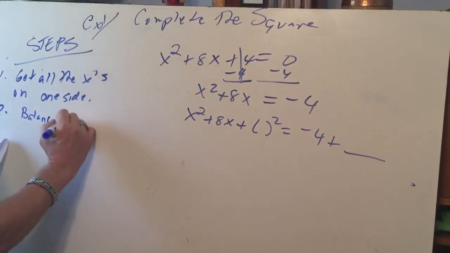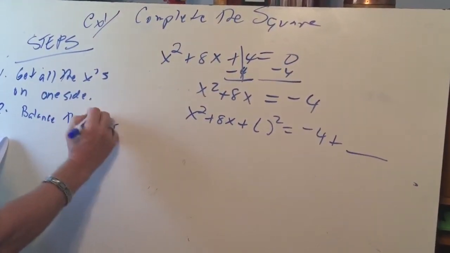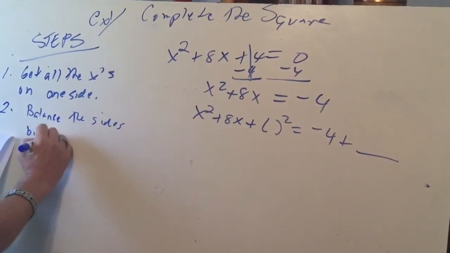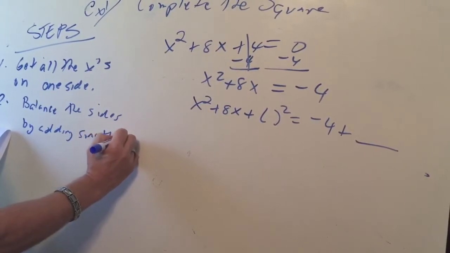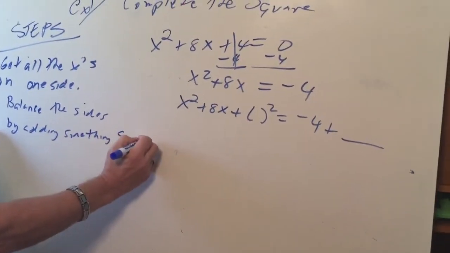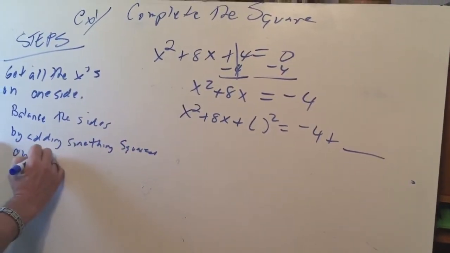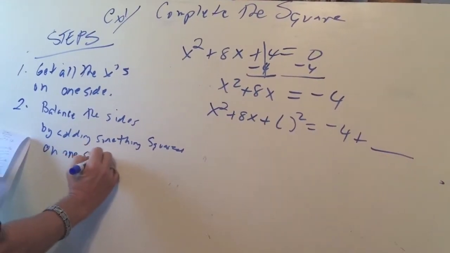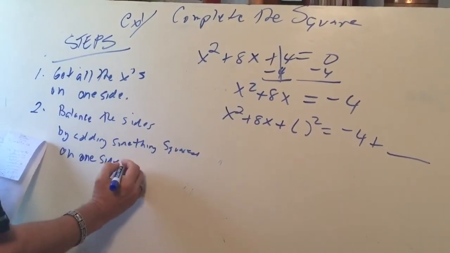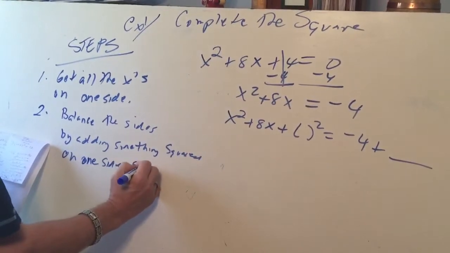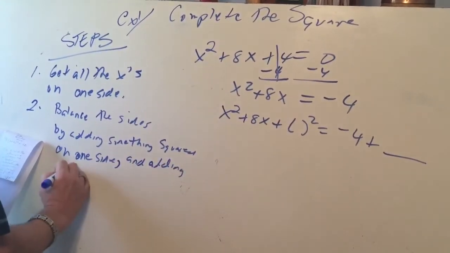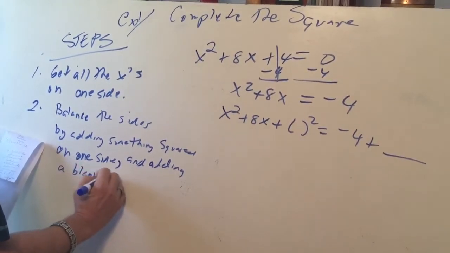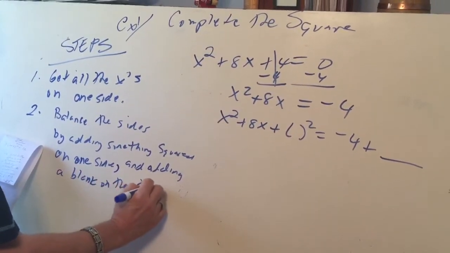Balance the sides by adding something squared on one side and adding a blank on the other side.